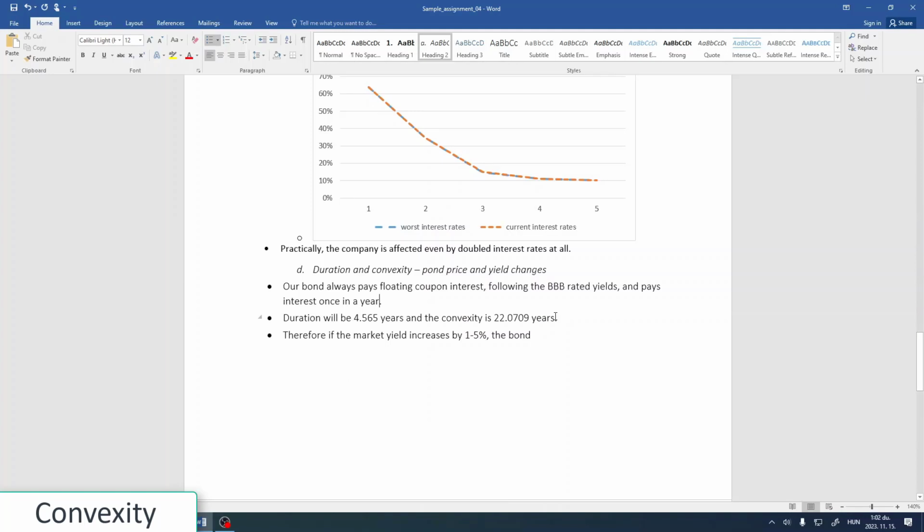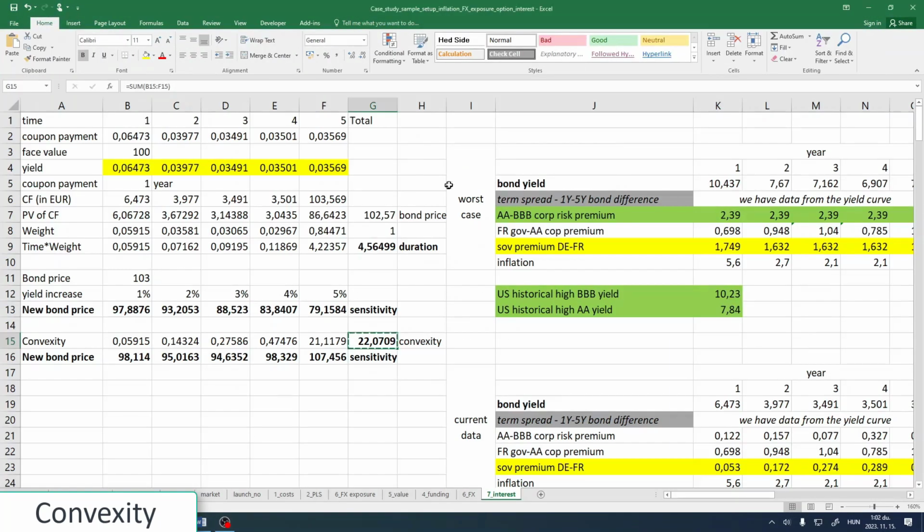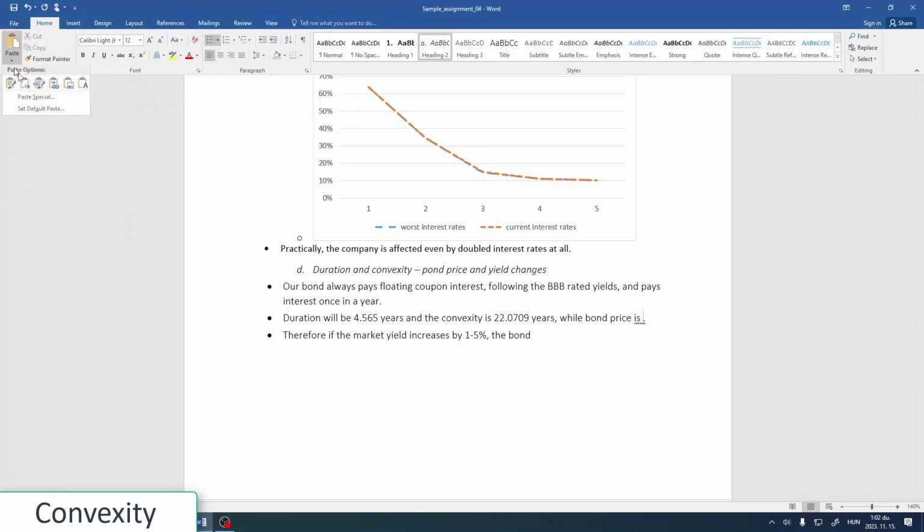And one thing was still missing. My bond prices. This, right now.